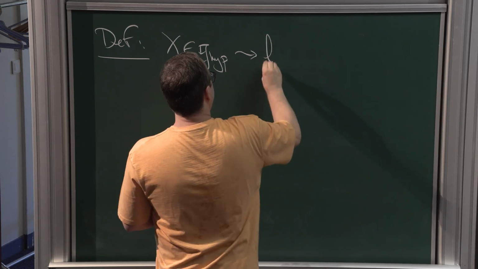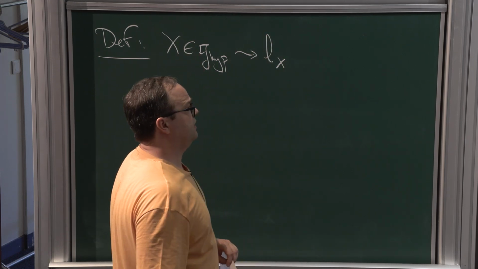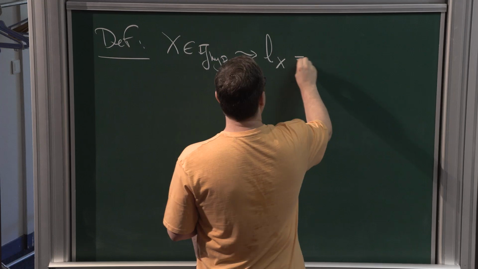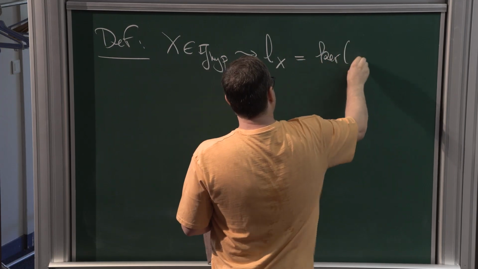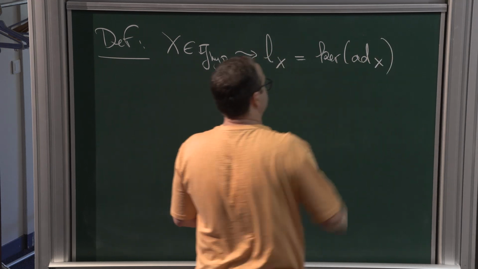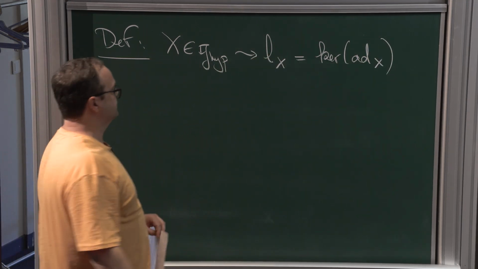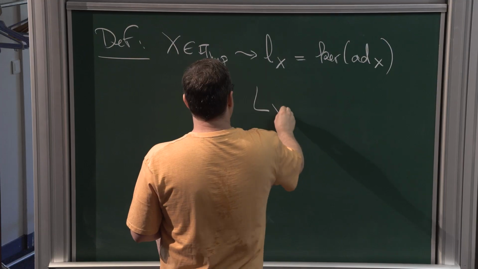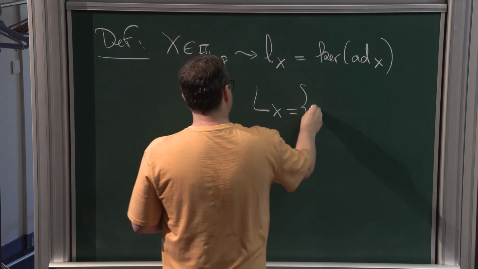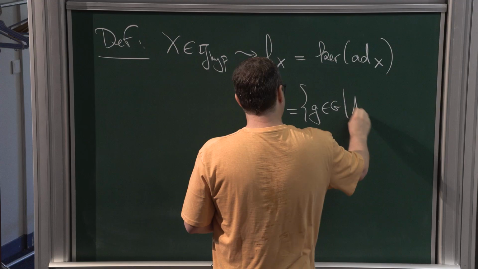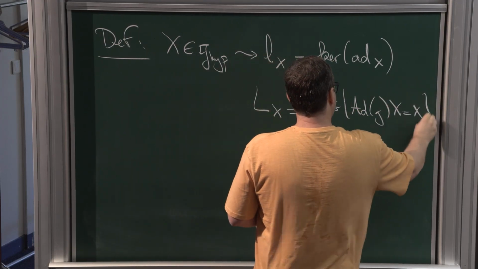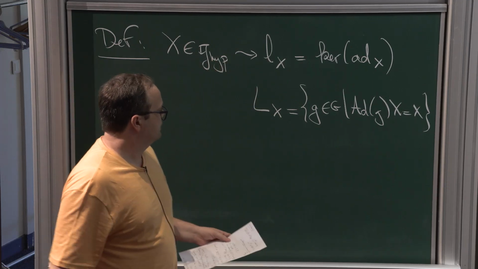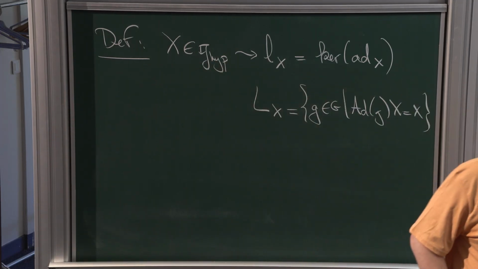One more Lie subalgebra that I'll call Lx, defined as the centralizer of x in the Lie algebra, so things that commute with x. And capital Lx will be the same in the group. These are what we call Levi subgroups and Levi subalgebras.